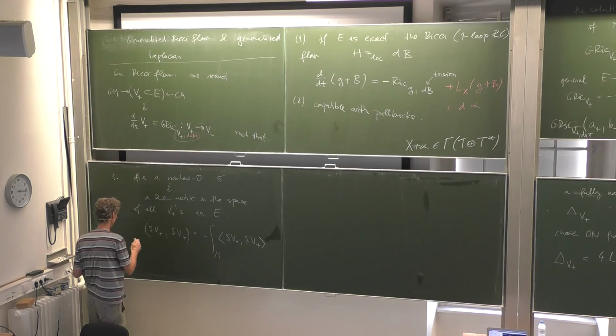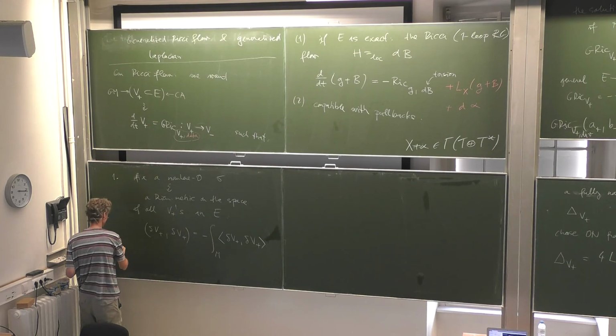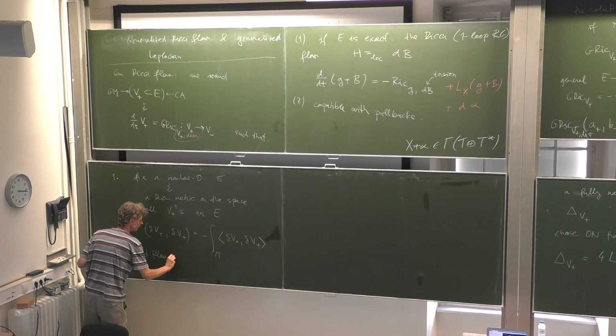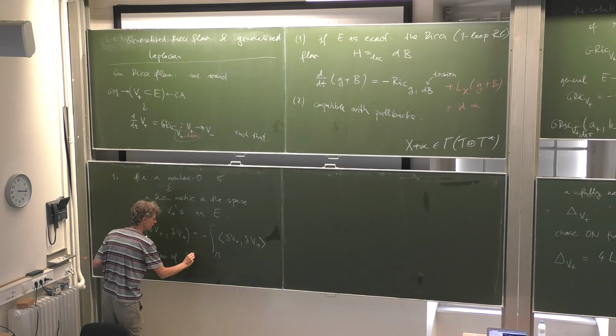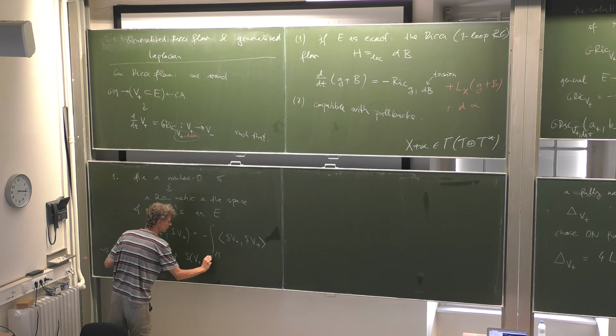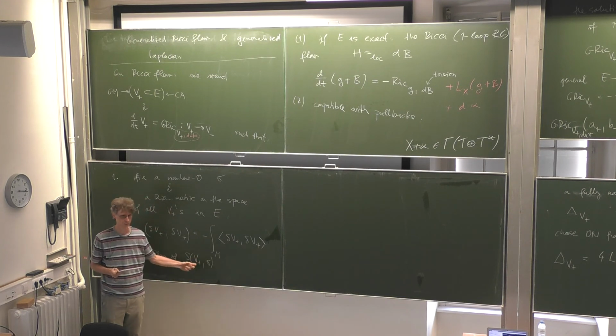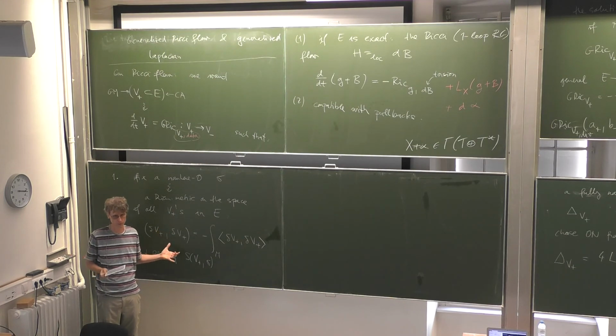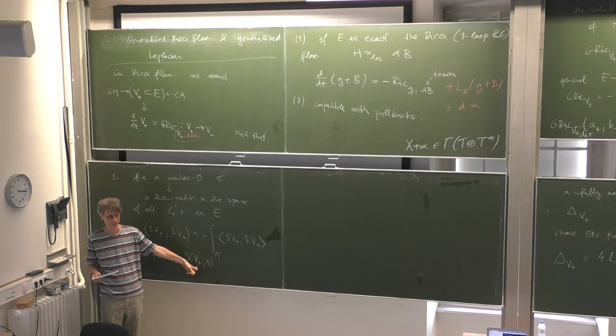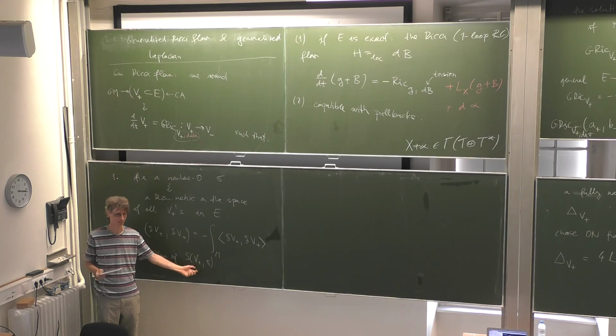And then what we get is that the gradient of S(V+, sigma). So this sigma is fixed, but V plus is not fixed. So it's a function on this space of all possible V pluses. If you compute its gradient, we just take the variation of this guy when we vary V plus.